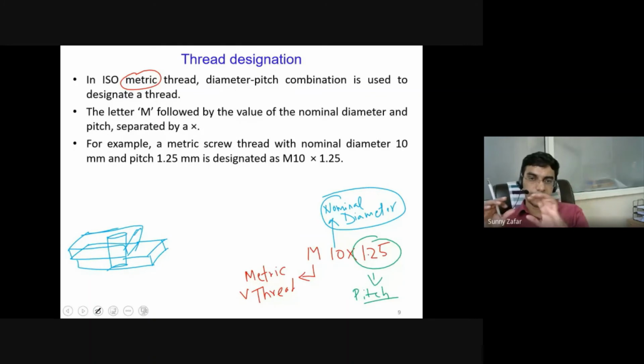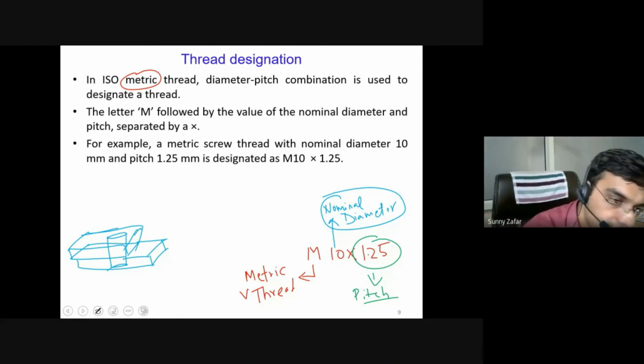For example, as shown here, if it is M10 cross 1.25, looking at this M10, you will quickly recall that it is a metric V thread with nominal diameter as 10. It means the hole diameter which is produced should also be equal to 10.